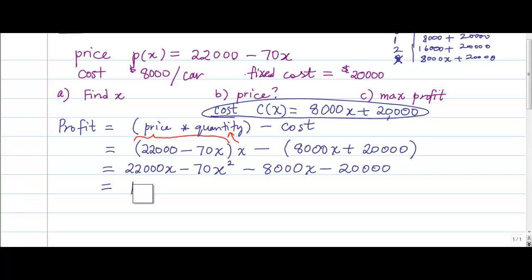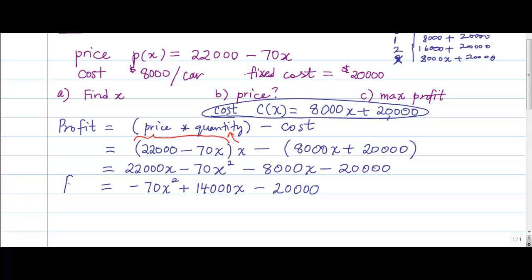So let me write it using the proper notation. So let's put the x squared first, and then 22,000 minus 8 is going to be 14,000. Okay, and then minus 20,000. Okay, and that is our profit function.